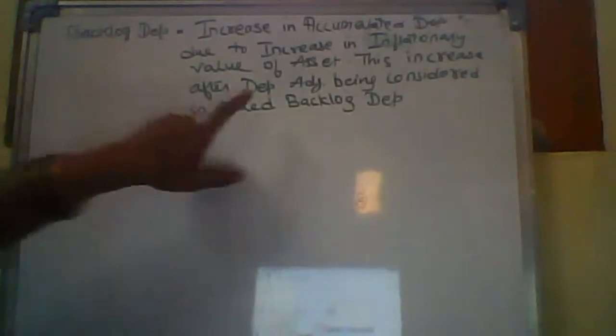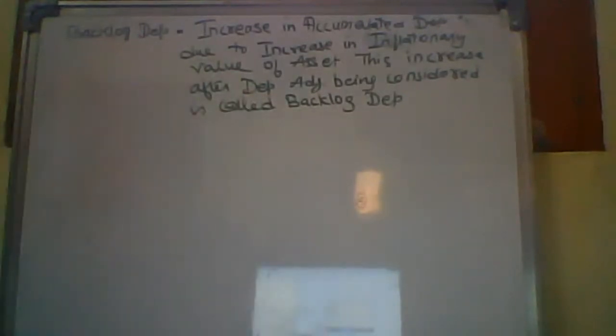So for the increase in accumulated depreciation, after making depreciation adjustments, suppose already in the depreciation adjustment some amount you adjusted. In the increased depreciation, you will minus the depreciation adjustment. The extra amount, if any, which is still to be adjusted, that excess is called backlog.